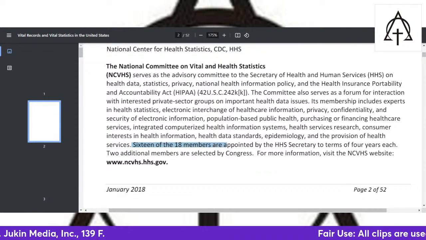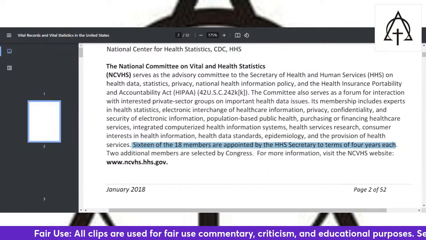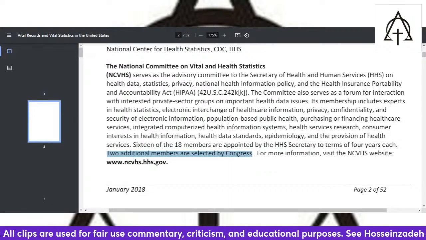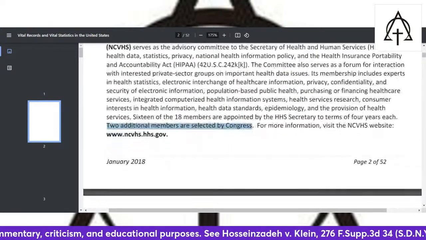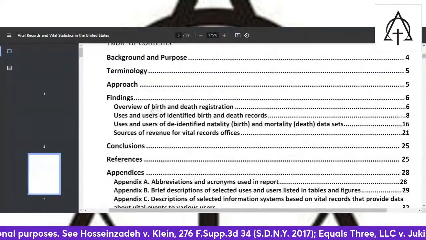16 of the 18 members are appointed by the HHS secretary to terms of 4 years each. That's the Health and Human Services. 2 additional members are selected by Congress. Tells you all this background. Overview of birth and death registration.